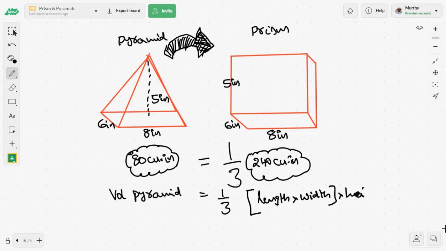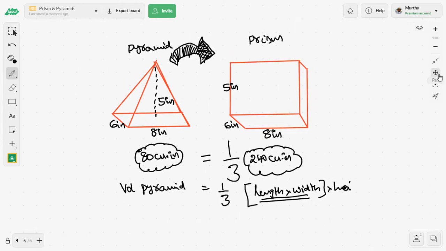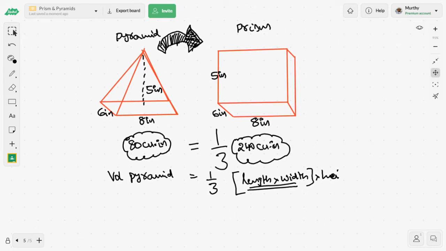You know what length times width represents? It represents area. Therefore, that's how we derived the formula, right? So let's quickly take some questions on both pyramids and prisms.